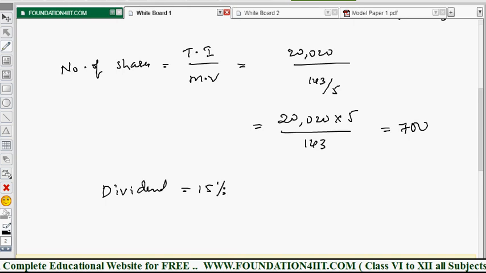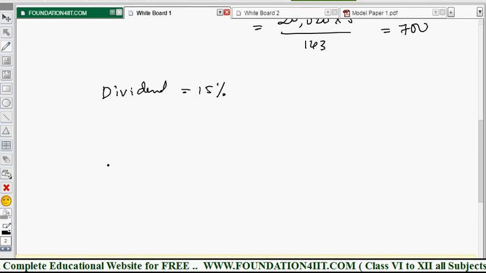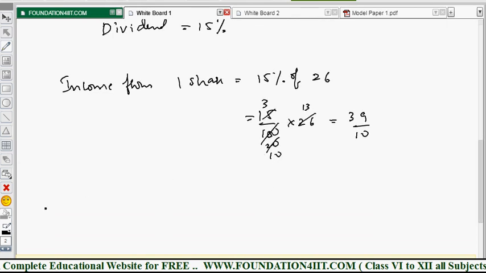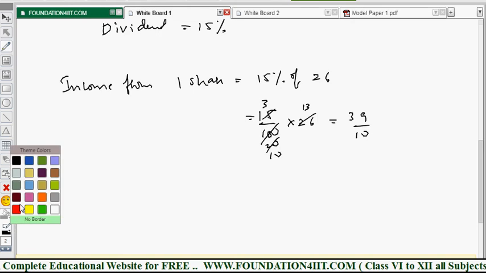Dividend is always calculated on nominal value. Therefore income from one share is 15% of nominal value, that is 15 by 100 into 26, which is 39 by 10 after cancellations. Now this is income from one share, so you can find out the total dividend.